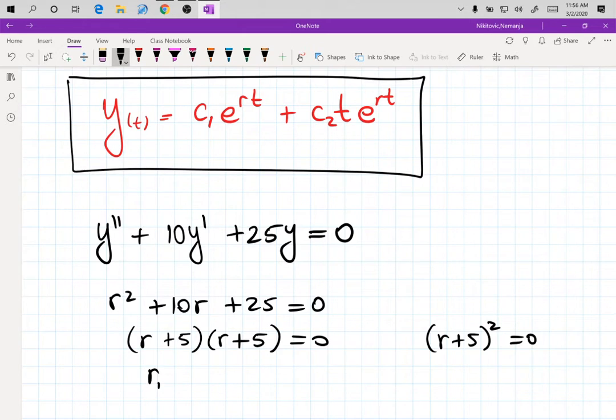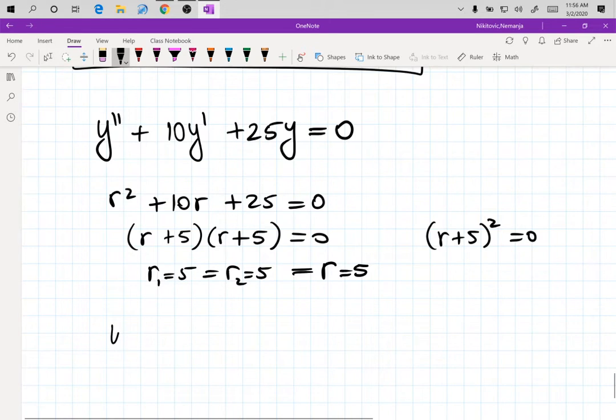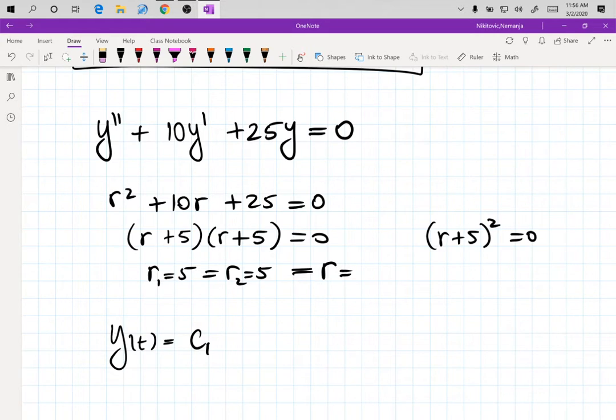R1 is equal to negative 5, which is equal to R2, so we just call it R equals negative 5. We feed that into y of t equals c1 e to the negative 5t plus c2 t e to the negative 5t.